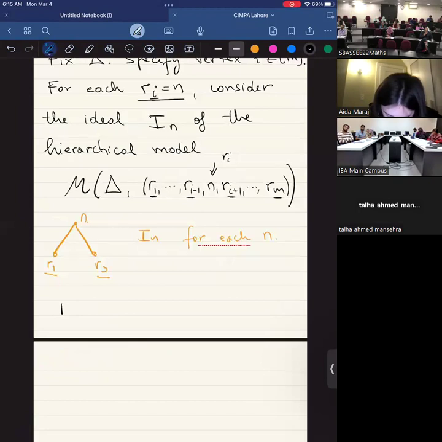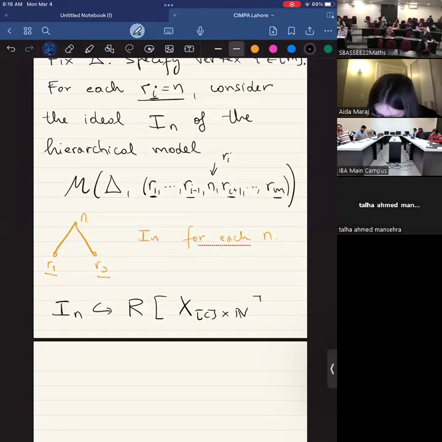The ideal I of N is embedded in this ring R of X, C times N, where C is the product of the Rj's, j different from i.